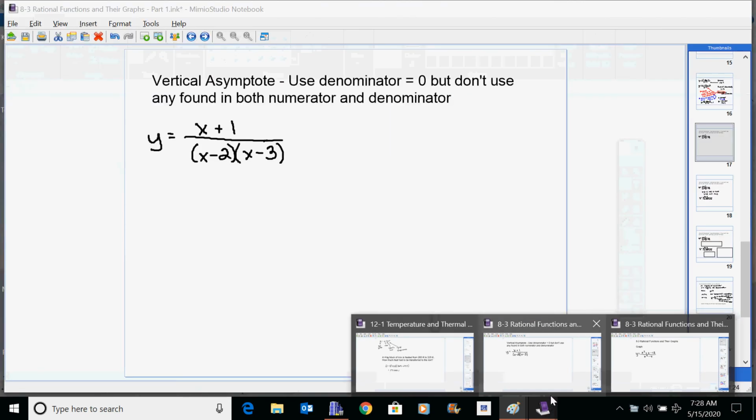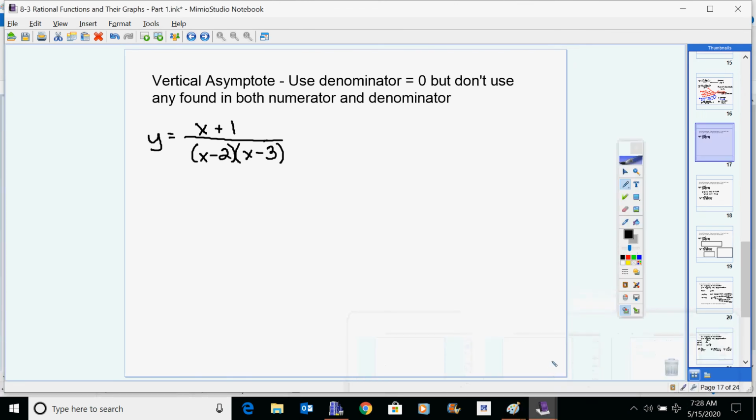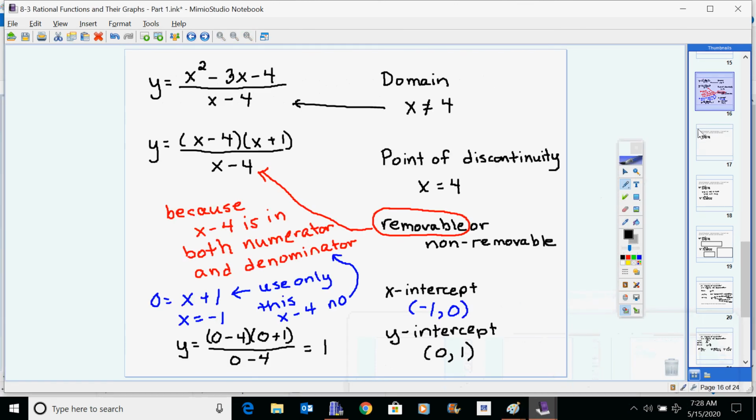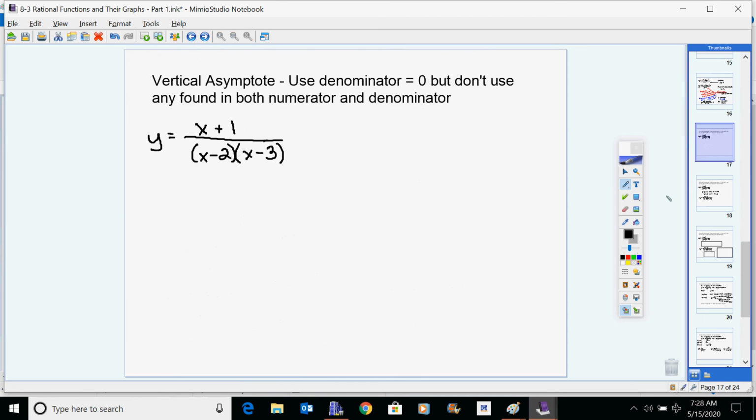So we have that. Okay, so what we want to do, though, after we look at this one, is move on and look at, well, what happens when it's not just a hole in the graph? What about when it's asymptotes? So we're going to take a look at how to find the asymptotes. We've already found the x and y intercepts.